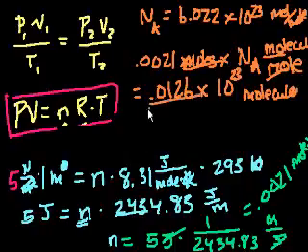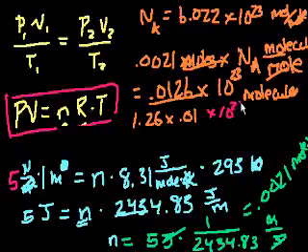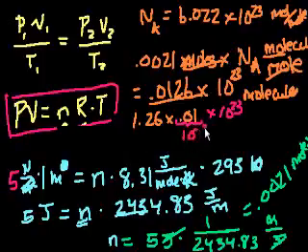This 0.0126 is the same thing as 1.26 times 0.01, and then, of course, times 10 to the 23. And what's 0.01? That's 10 to the negative 2, right? 10 to the negative 1 is 0.1, so this is 10 to the negative 2.